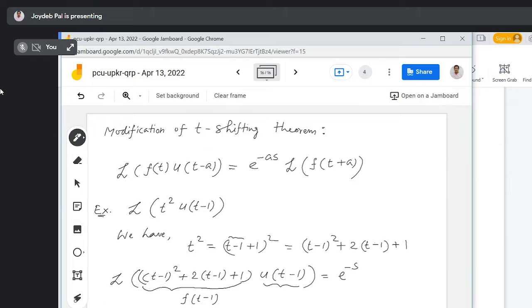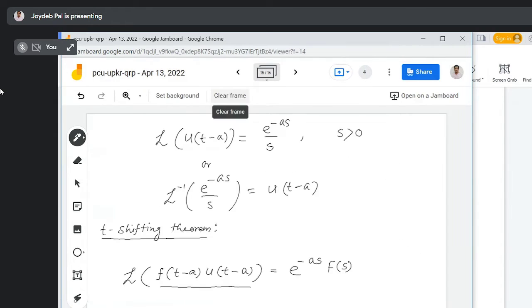Now we need the Laplace transform of f(t). This F(s) means the Laplace transform of f(t). So how do we get that f(t)? We have f(t minus a). So from f(t minus a), we can write f(t).